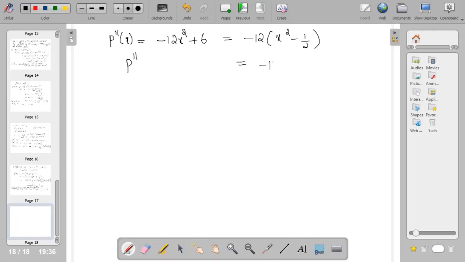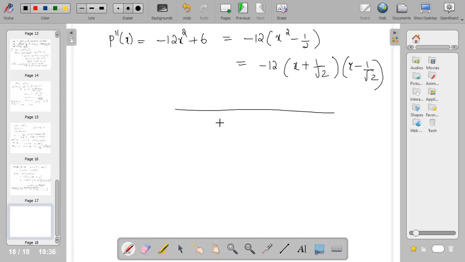So that will be minus 12 into x plus 1 by root 2 and x minus 1 by root 2. So let us see what is the sign of p double dash of x. So you have minus 1 by root 2 and 1 by root 2.